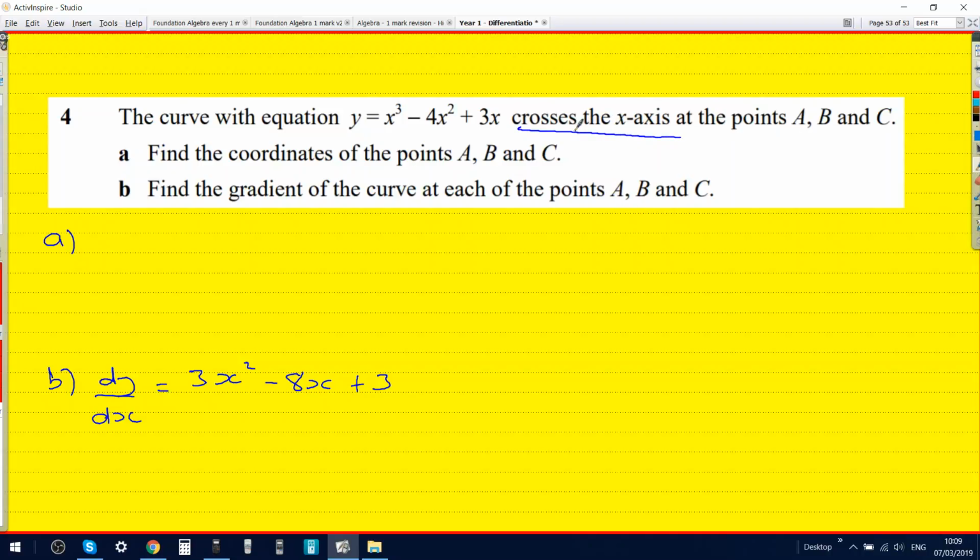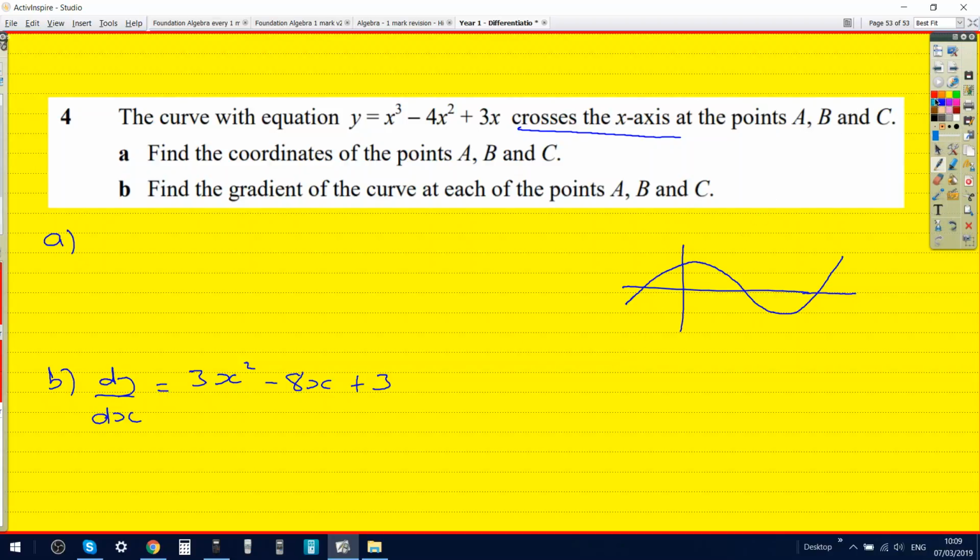So what do you know about when it crosses the x-axis? The gradient is 0? No. Something is 0. The x coordinate? No, x coordinate could be 3, 4, minus 1. The y coordinate. Yes, and so the y is 0.